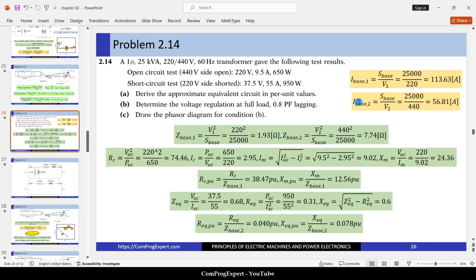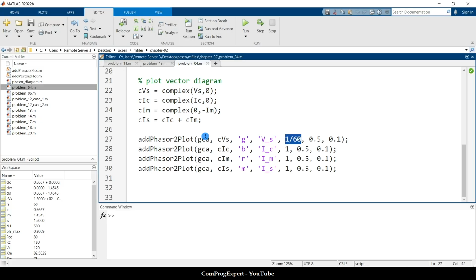And what is the value of the base current for the secondary side? It is S base divided by V2, that is equal to 56.81 amps.